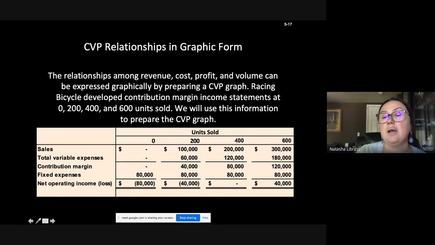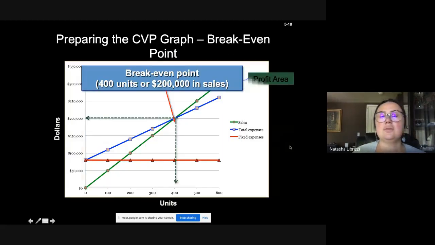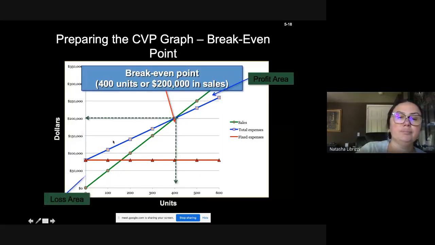So 600 bikes minus 400 bikes gives you an extra 200 bikes you made. 200 times your contribution margin of 200 gives us a 40,000 net operating income, or you can just run through the numbers. So we're going to plug this information in: 0 bikes sold, 200 bikes sold, 400 bikes sold. This is our cost. This is our quantity. So this is our cost right here.